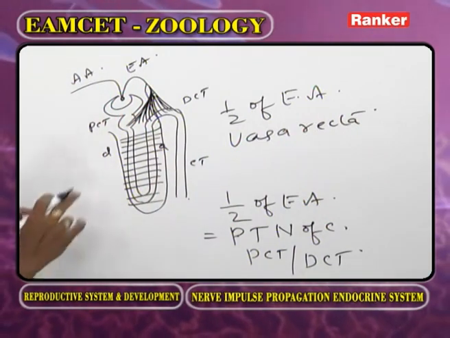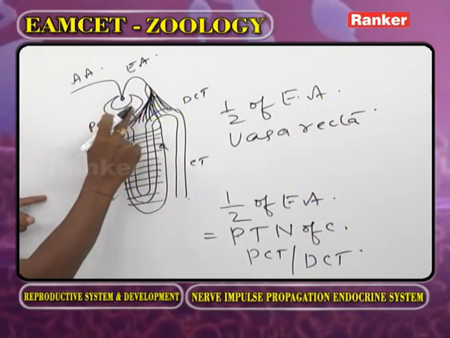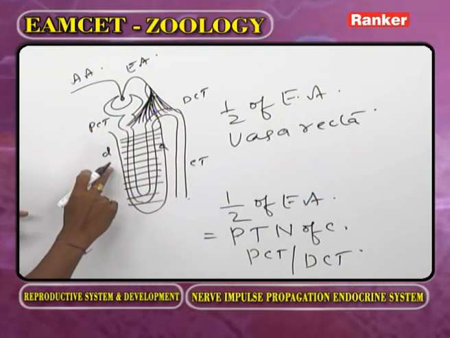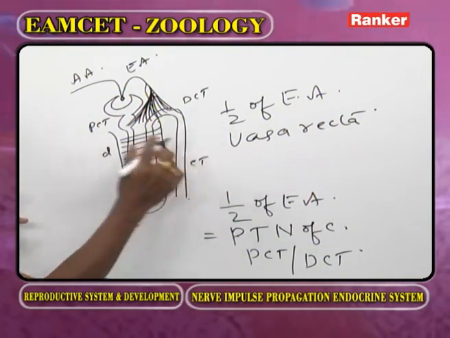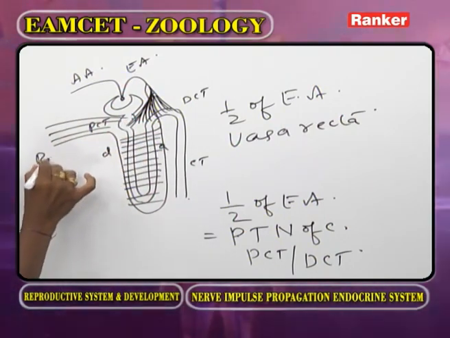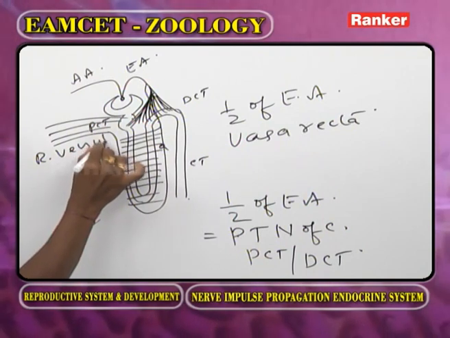Now you have to observe the capillaries of the peritubular network of capillaries. The capillaries of the vasa recta unite to form the renal venules.